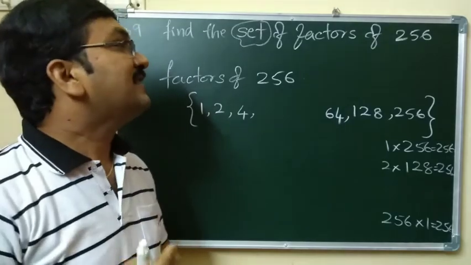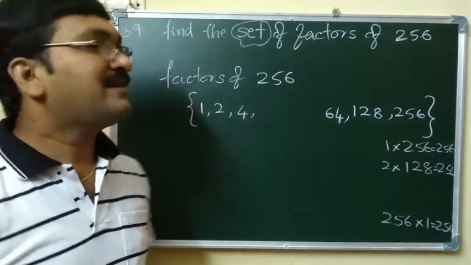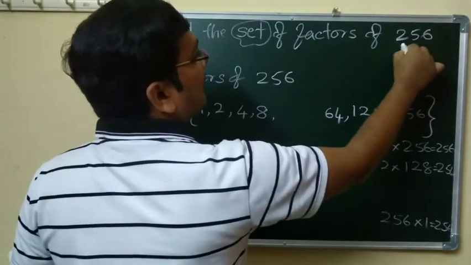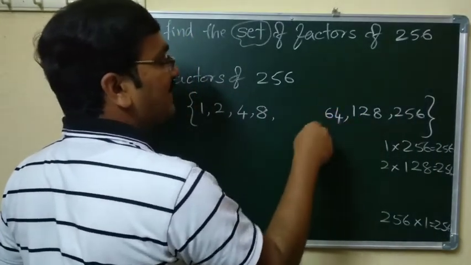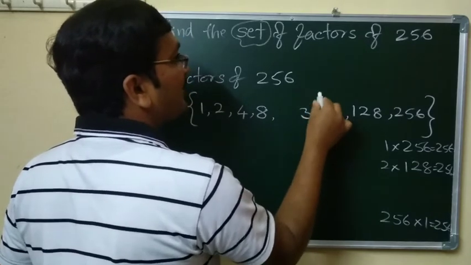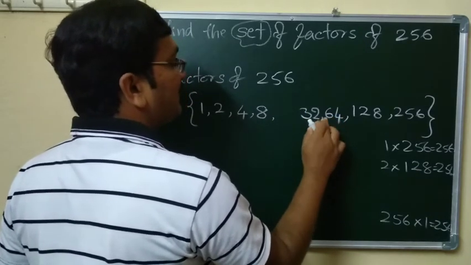Next 8 table, it will go. 8 3 is 24, 1 remains. 8 2 is 16.